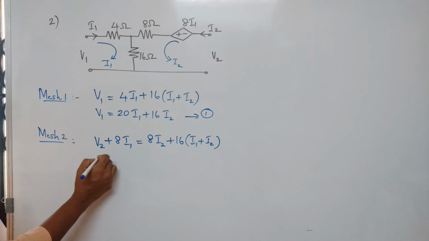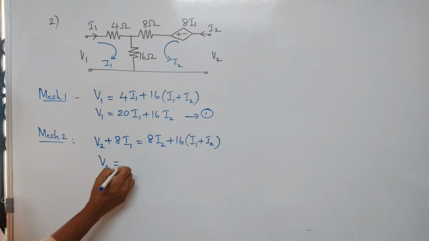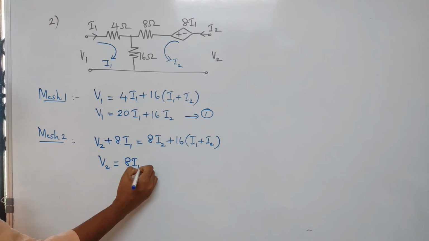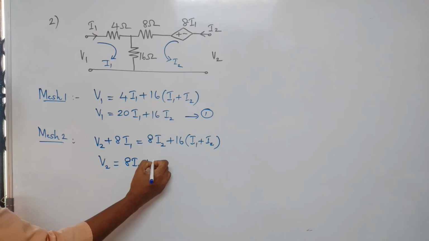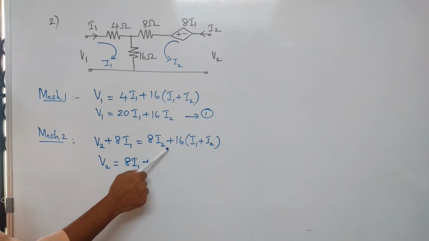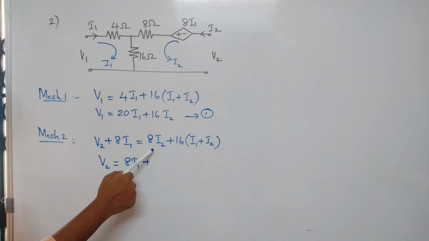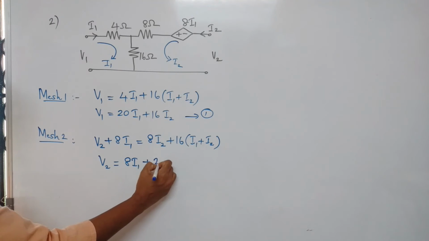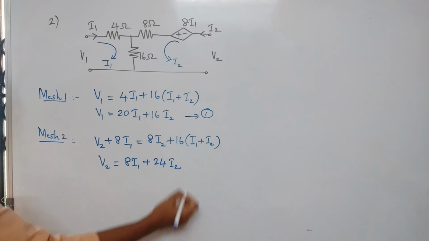Or we will get V2 is equal to minus 8I1 plus 24I2.